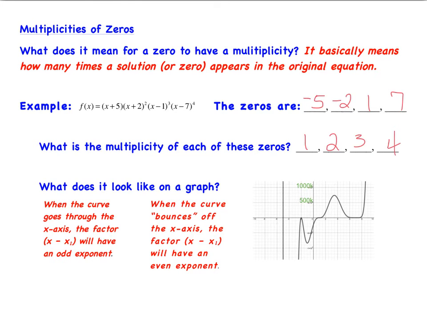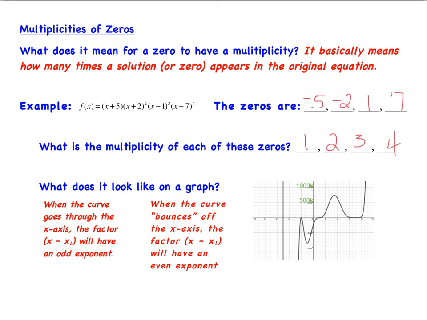So let's look at our example here. Our first binomial is x plus 5, which means the zero is negative 5. And we know it has a multiplicity of 1, which is an odd exponent. Here it is represented on the graph right here. Do you see how it's crossing through the x-axis where x equals negative 5?